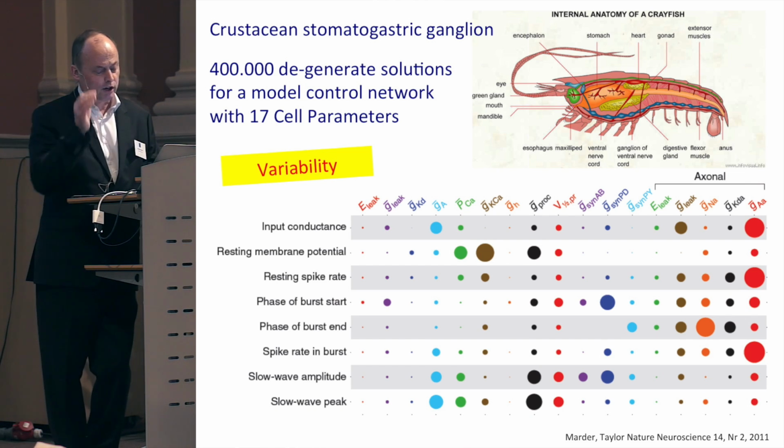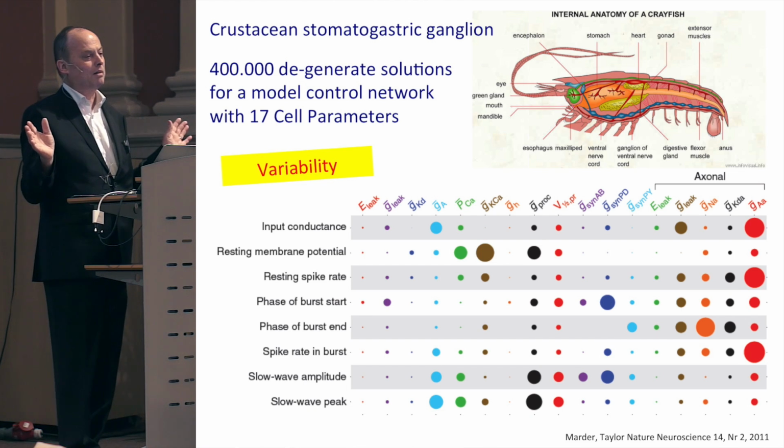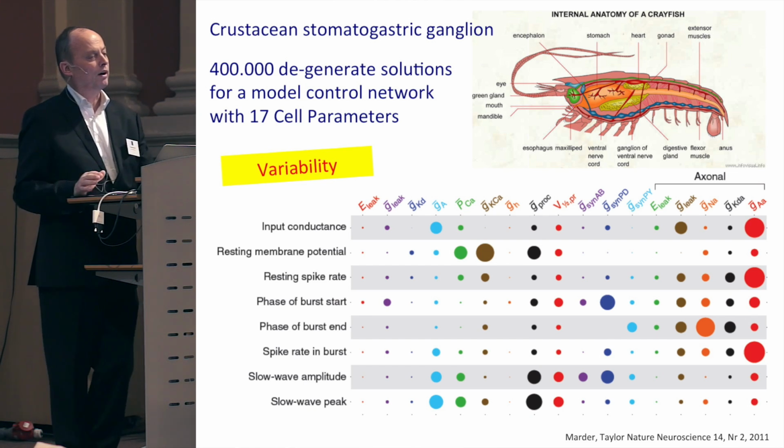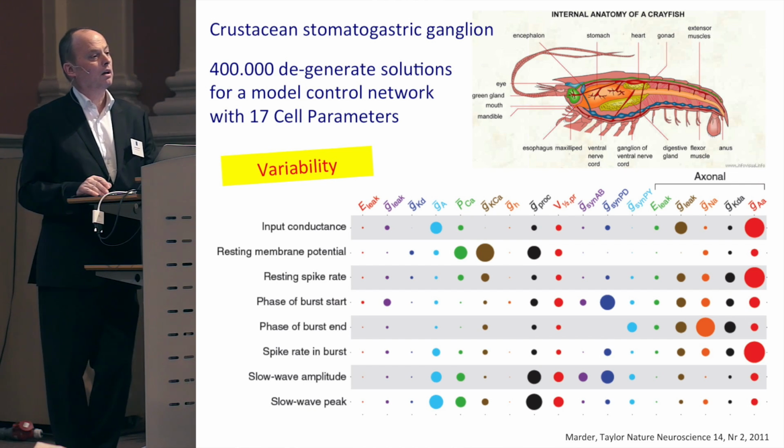And what she did is she ran 2 million simulations with random selection of parameters. She just randomly selected parameters. And out of those, 2,400,000 worked. She called them degenerate solutions. That means there's a huge space of parameters where things work. And the variability of the parameters is indicated by those dots here.